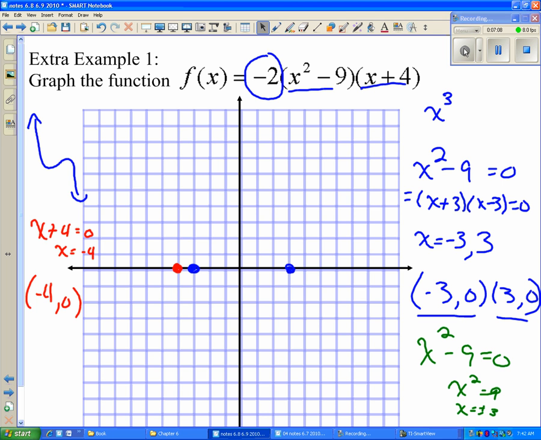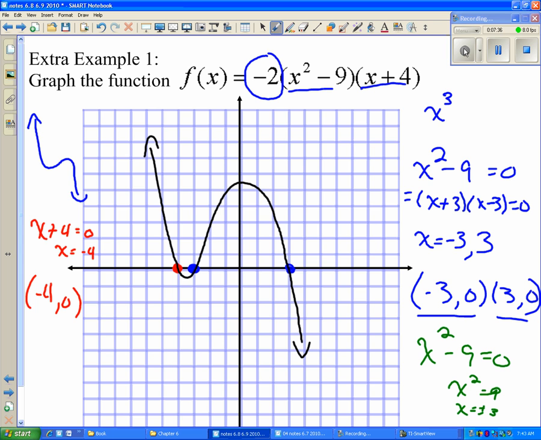By looking at this, I'm going to start up here in quadrant 2 and then somehow come out here in quadrant 4. So I just need to hit my zeros as I do that. I'm going to come down in quadrant 2, hit this first 0 and quickly have to turn around to hit my second 0. And then I'm going to come back up and come back through my third 0 just like that.